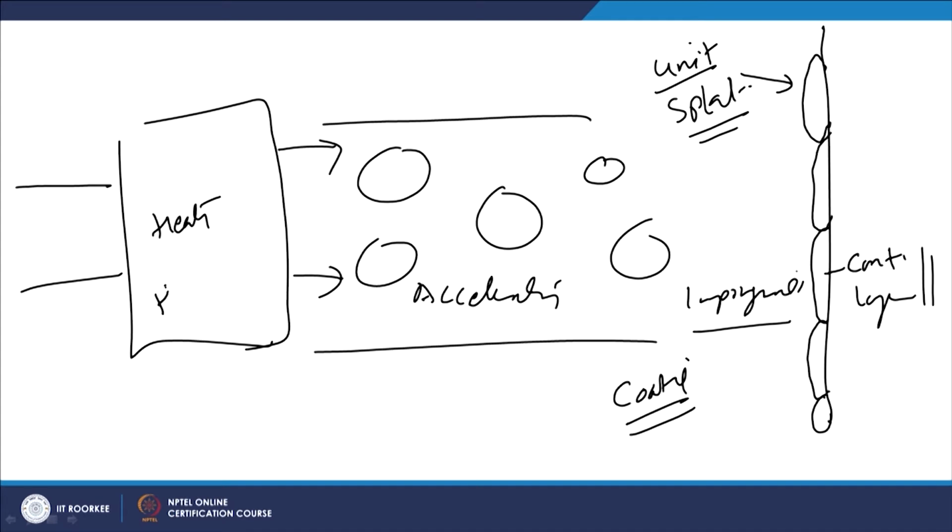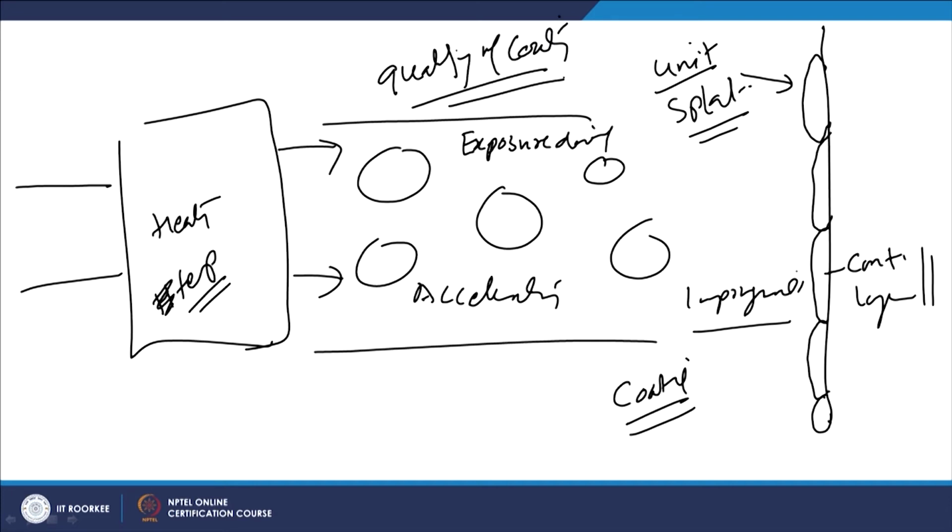The temperature up to which the heating takes place, and how long the high temperature is maintained, that is, the exposure duration of the feedstock material at a high temperature, these are the two crucial things which will determine the quality of the coating material being applied.